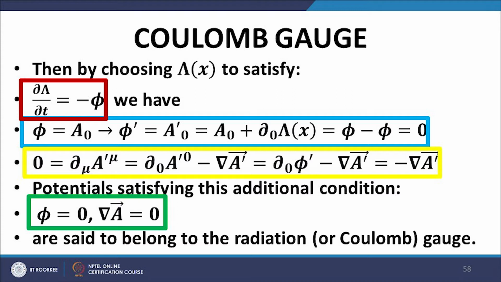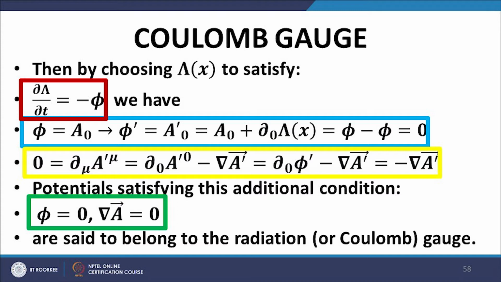The time derivative of the scalar function is equal to minus phi, and when we do that, phi goes to phi dash, and we get A'^0 equal to 0, and for the spatial part of A, we get that the divergence of A is equal to 0.